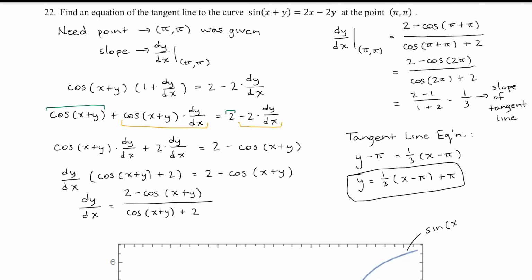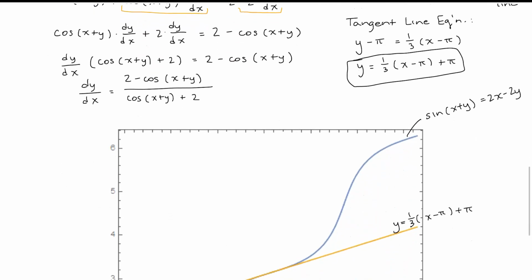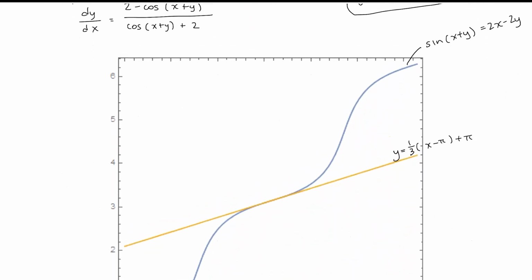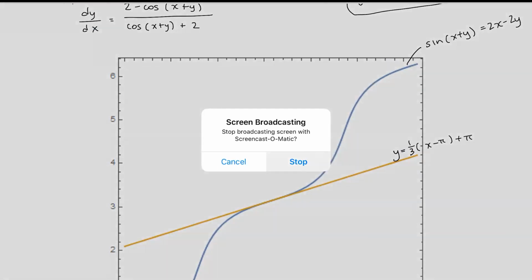Right, and the blue curve is the sine of x plus y equals 2x minus 2y. So there's a way that you can tell Mathematica that you want to graph something that doesn't have y solved explicitly for x. And there you go.